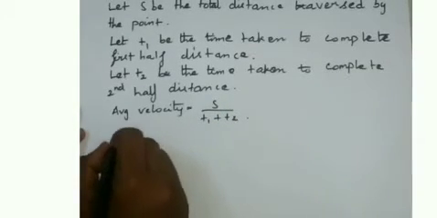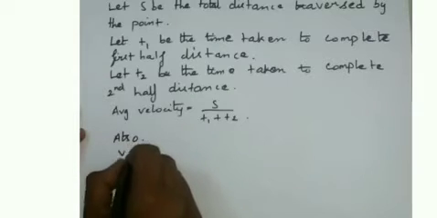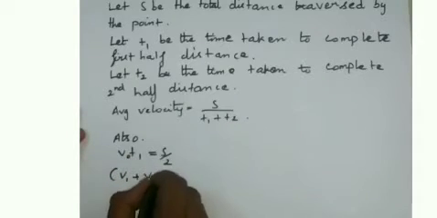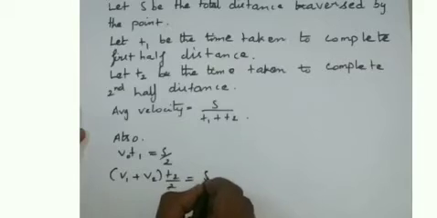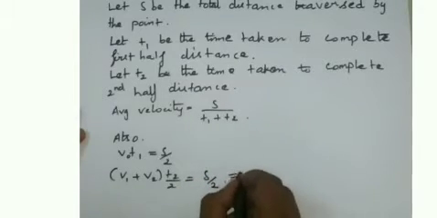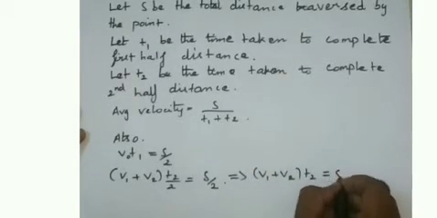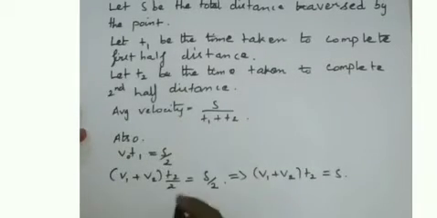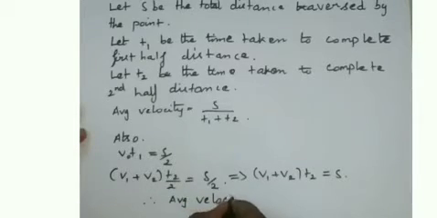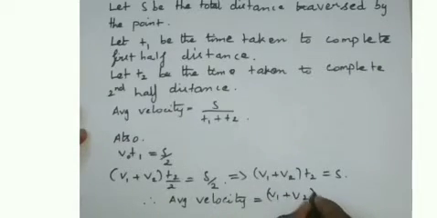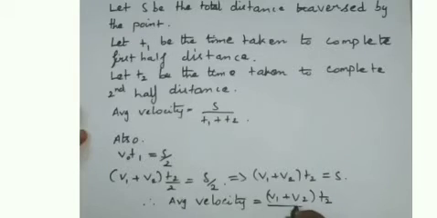So considering this, since the first half distance is covered by the velocity v0, v0 t1 is equal to S by 2, and the second half distance is covered by velocity v1 plus v2, so (v1 plus v2) into t2 by 2 is equal to S by 2, which can also be written as (v1 plus v2) into t2 is equal to S. So substituting this in the average velocity equation, average velocity is equal to (v1 plus v2) into t2 divided by t1 plus t2.